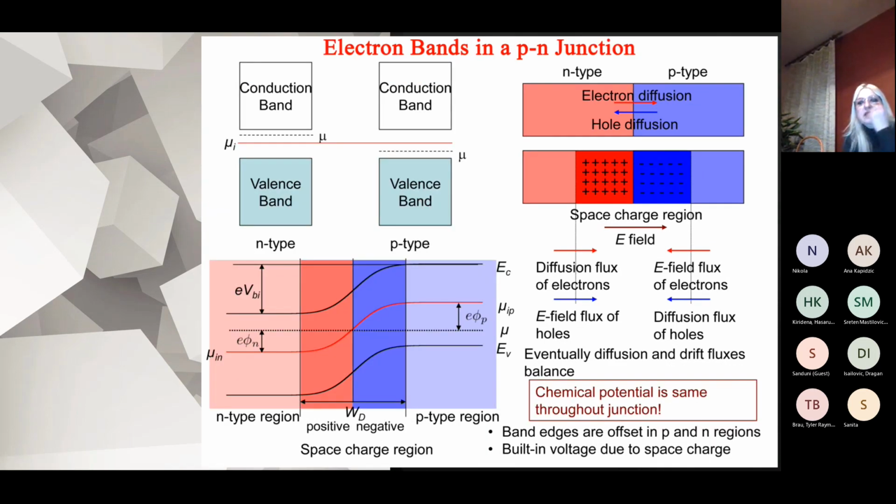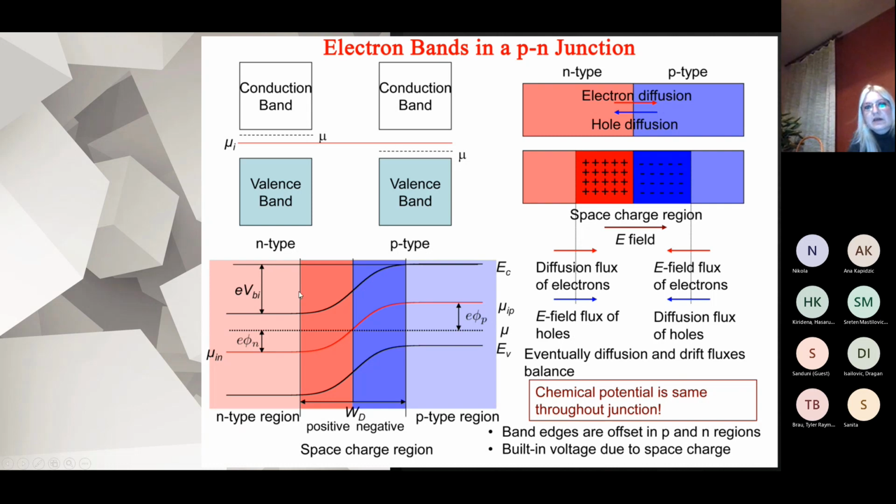And on the next slide, we're going to see that we have completely the same picture: N-type, P-type, space charge region or depletion zone. And eventually the diffusion and the drift flux will balance. As a consequence of this balance, the chemical potential will be the same through the junction.